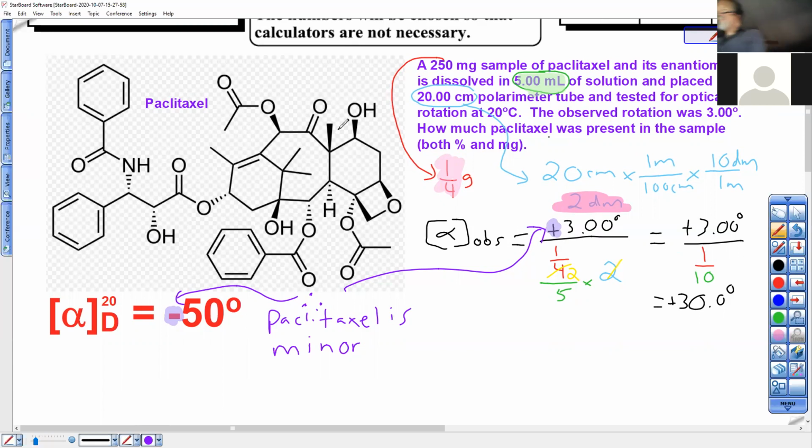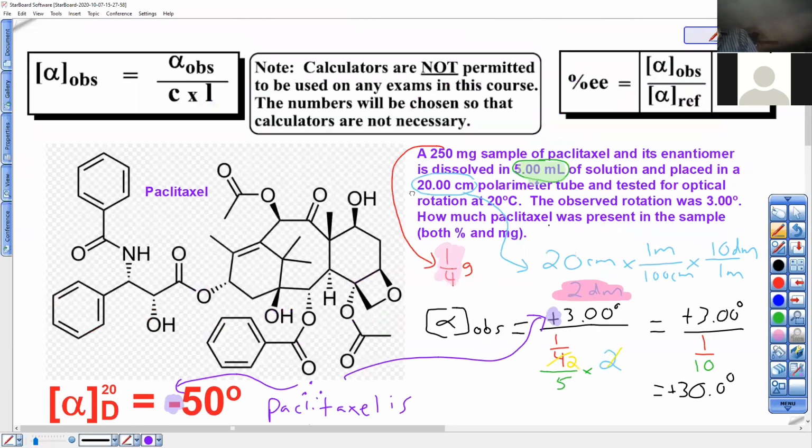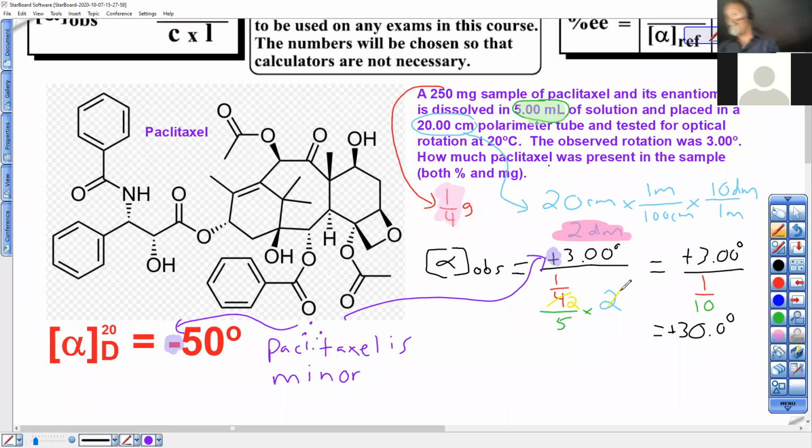Okay, so we are ready to use the second equation where we can compare a standardized rotation in the lab to a standardized reference rotation. And there's a reminder right here. This is alpha ref right here. We can calculate percent EE.